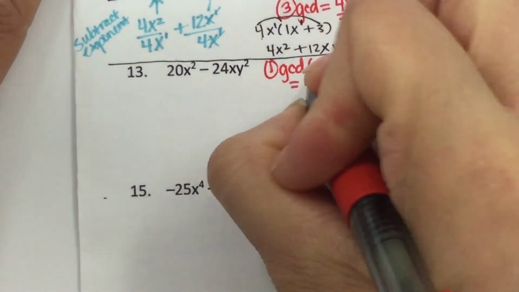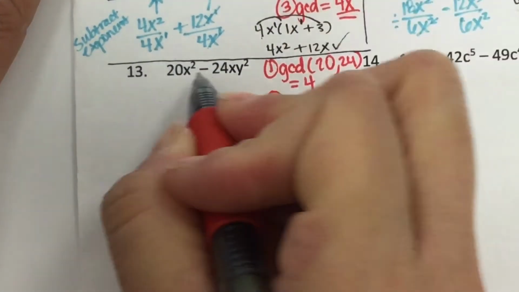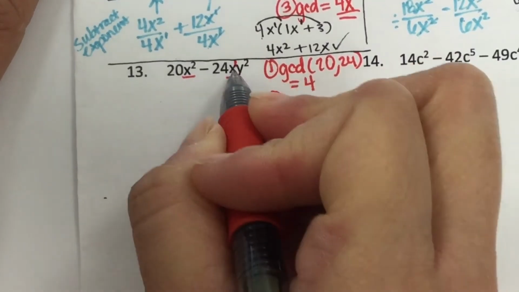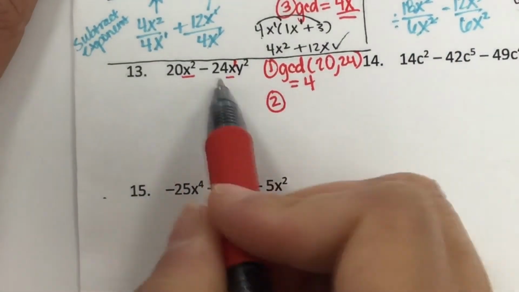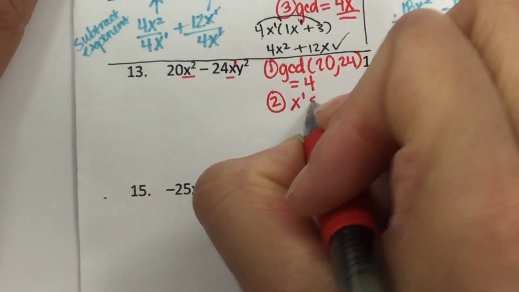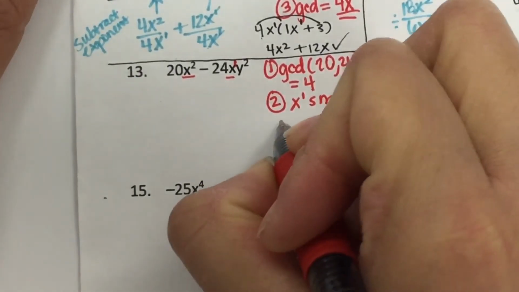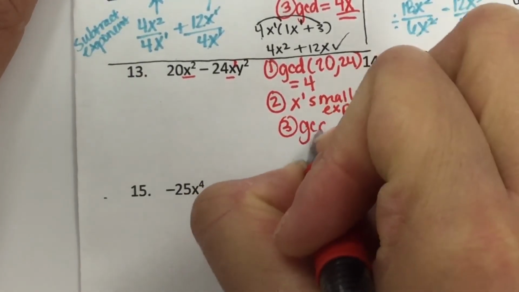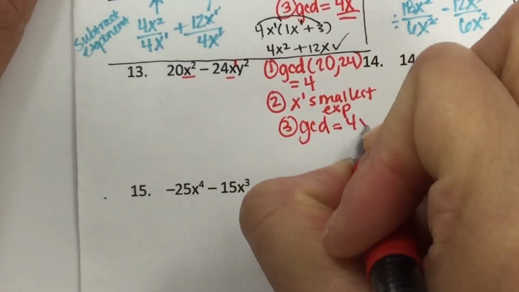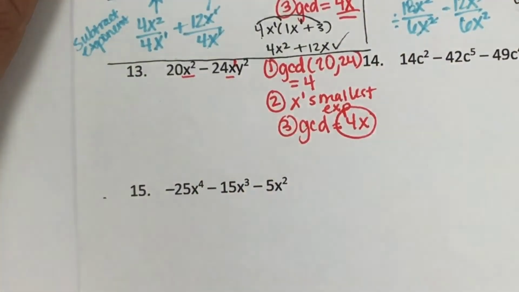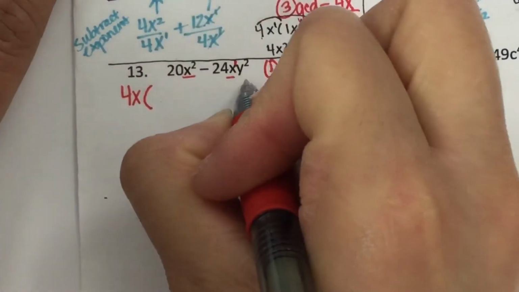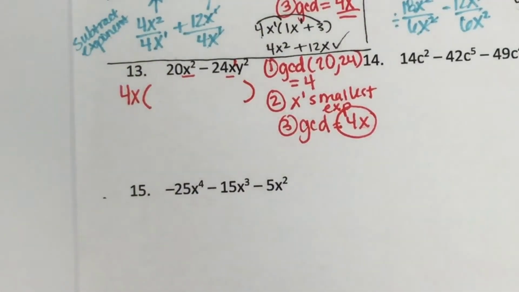Then look at your variables. X to the first is the smaller exponent. There is no y, so x to the first is the smallest exponent. So together, your GCD is 4x, and this is what's going to go on the outside of your parentheses. We'll figure out what goes on the inside.